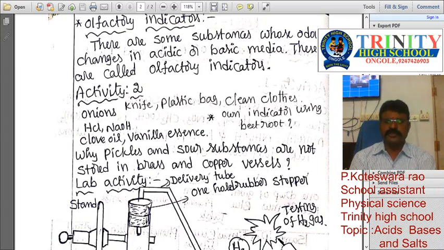Beetroot is also very useful, one of the good vegetables, and it is red or pink in color. If we take beetroot juice, the percentage of blood content will be increased. So how is it possible to prepare that type of indicator using beetroot?